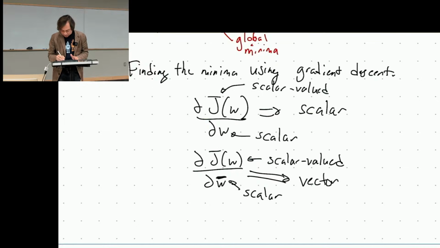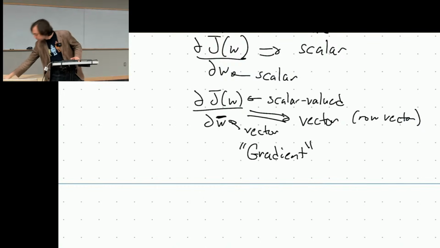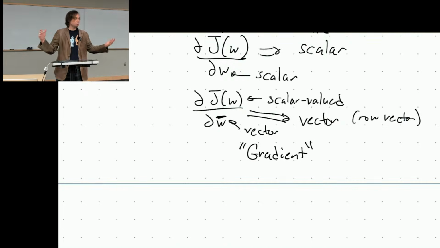Sorry, not a scalar. That should say vector. I'm so sorry. I probably confused everyone. You take the derivative of a scalar with respect to a vector, you get a vector. Particularly a row vector. And this is also called the gradient. We're talking about gradient all the time. That's what a gradient is.